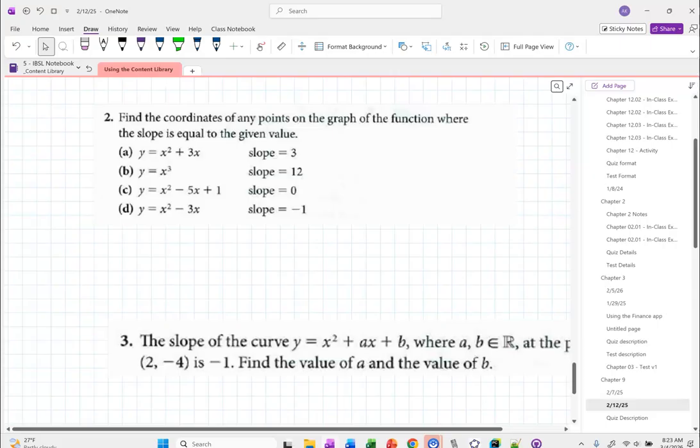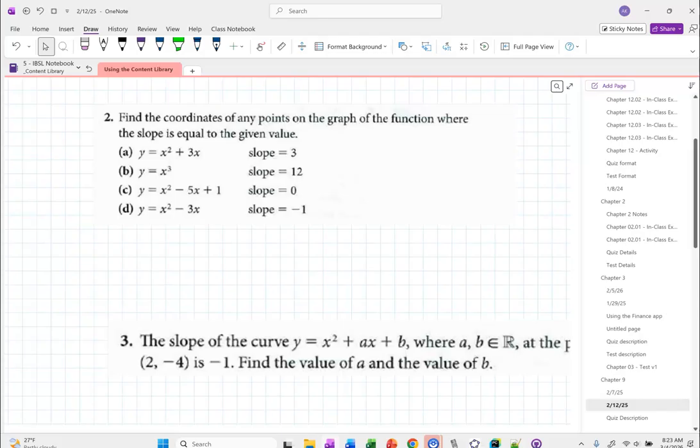Next question says, find the coordinates of any points on the graph of the function where the slope is equal to the given value. If it asks me to find a place on a function with a slope, what am I going to need to use? The derivative. We're talking about the slope, right?